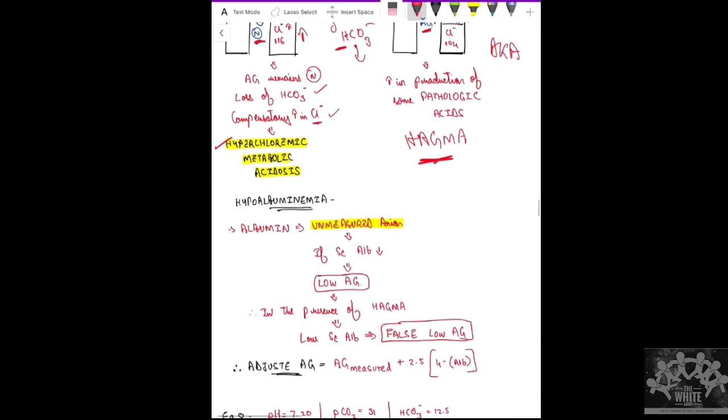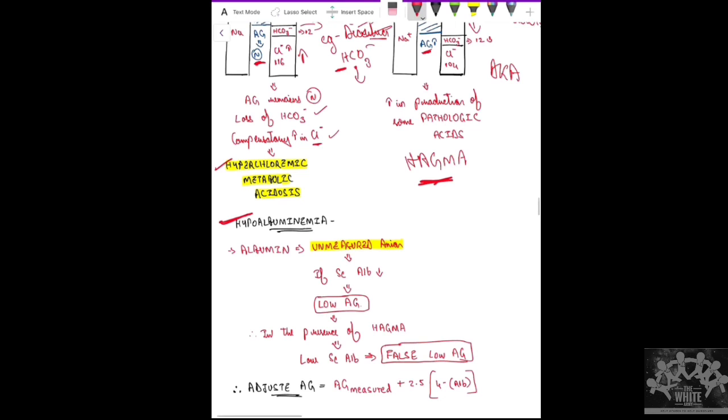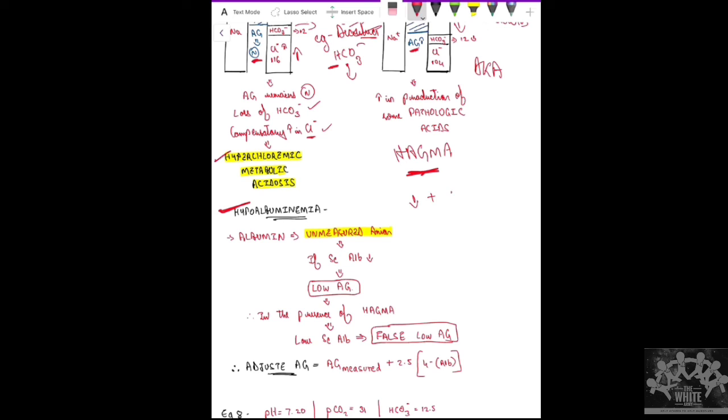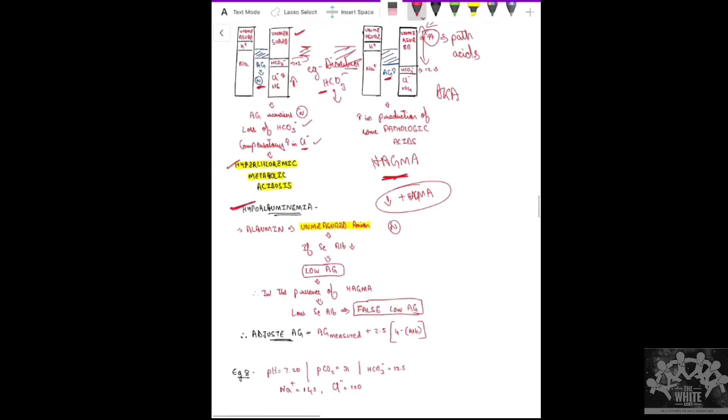And in a few conditions, there will be hypoalbuminemia. What happens in hypoalbuminemia is that albumin usually contributes to unmeasured anions. So if albumin decreases, and there is metabolic acidosis, high anion gap metabolic acidosis, AGMA, it will show as normal itself, because there is a decrease in unmeasured anions because of the decrease in albumin.